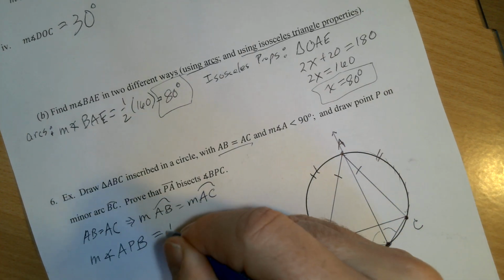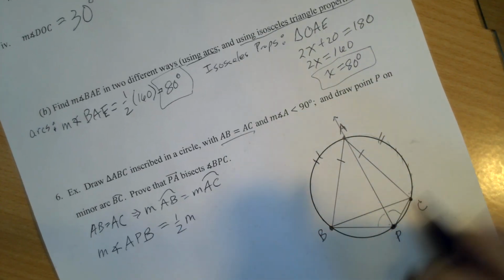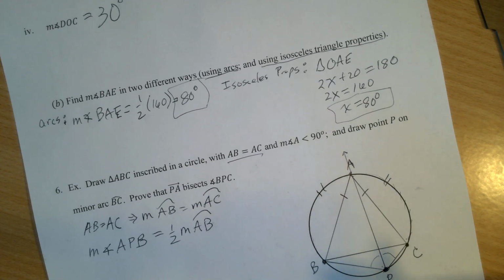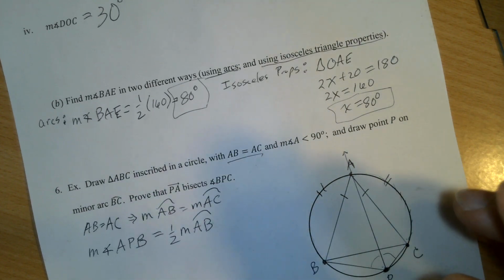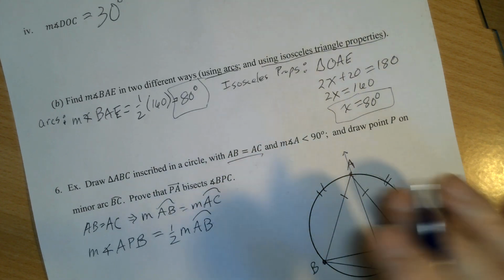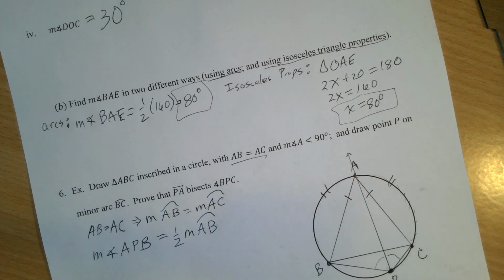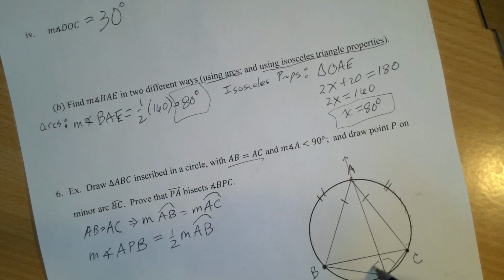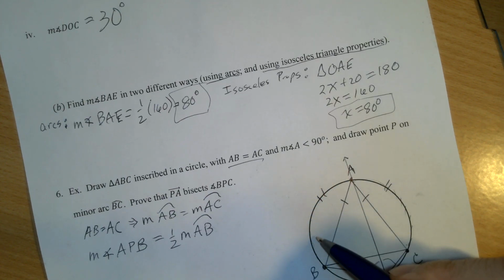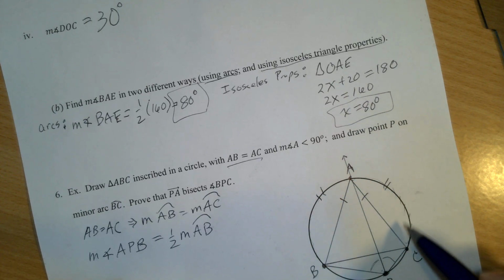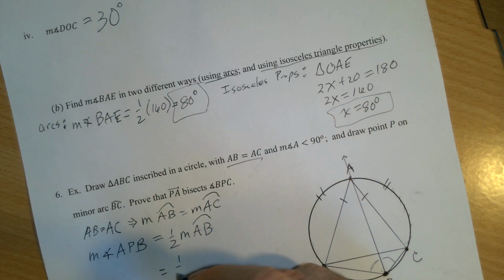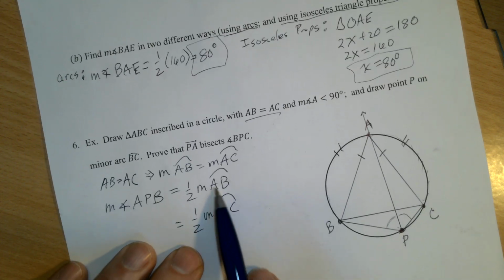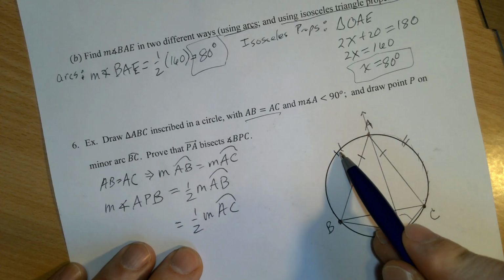APB is equal to 1/2 of the measure of the arc AB. I think we called that the inscribed angle theorem, or maybe the half-arc measure lemma. Okay, so we know that the measure of this angle is 1/2 the measure of this arc. But this arc has the same measure as this arc, so we can say that's equal to 1/2 the measure of arc AC. Those two things are equal to each other, this and this.